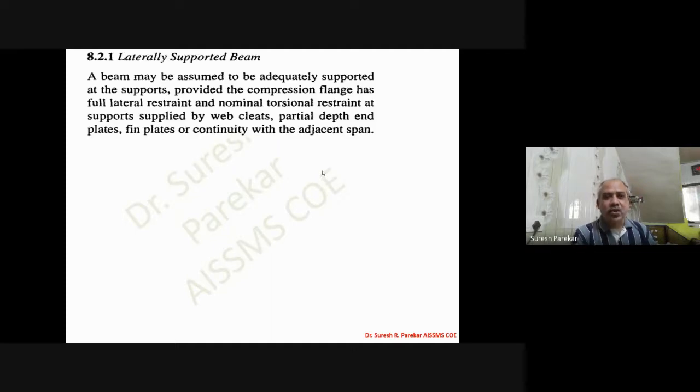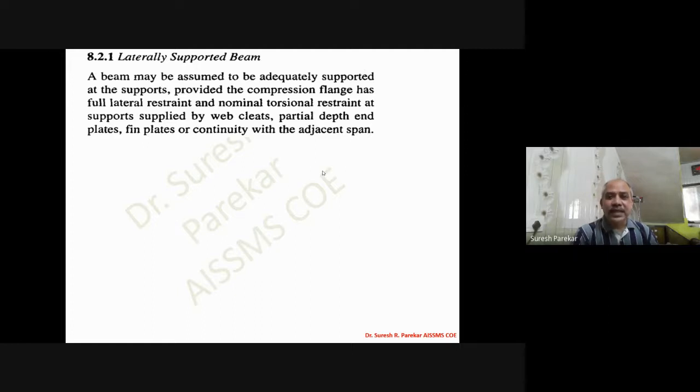Now 8.2.1 covers the laterally supported beam. When we restrain the lateral deflection of the beam, we say the beam is laterally supported. That means we do not allow the beam to buckle in the axis perpendicular to the longitudinal axis.